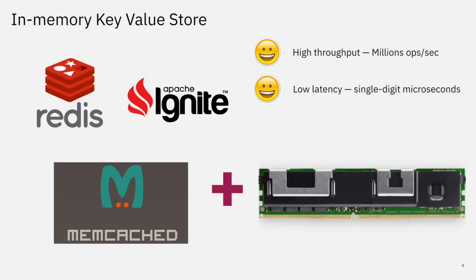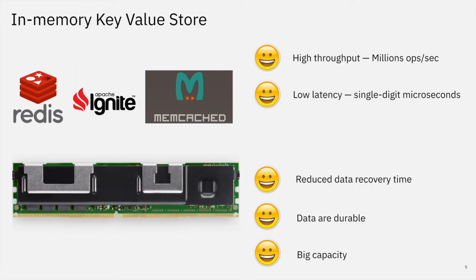With this new technology, it is natural to think whether we could replace the DRAM with persistent memory in in-memory key-value stores. Remember that persistent memory is durable, so we are able to solve the first two problems. First, data are naturally not volatile anymore, so we don't have the overhead to checkpoint data into the backend storage.